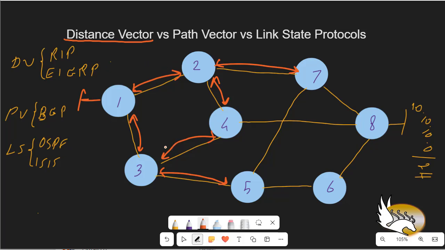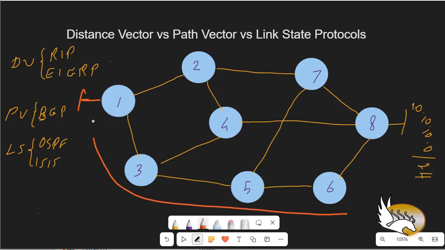What about link state protocol? About link state protocols, I need to draw something. Let's say that I am going to put all of these routers in one area.